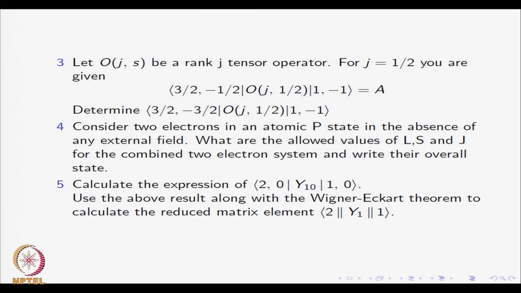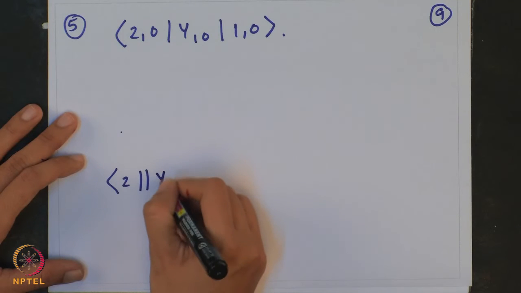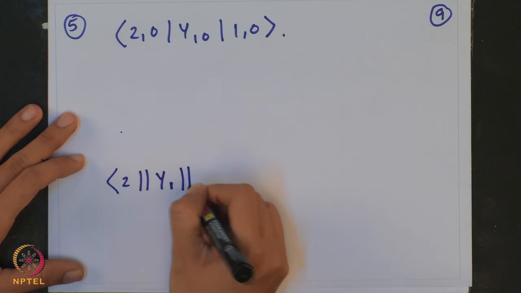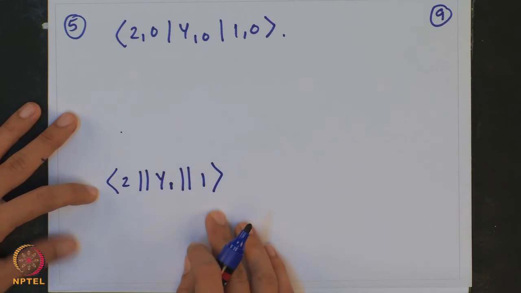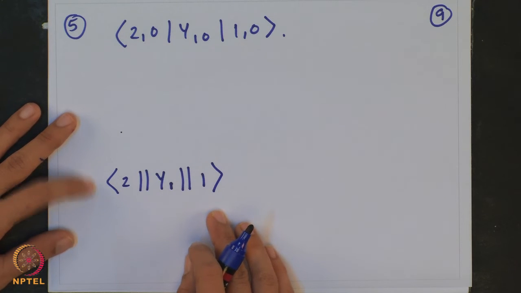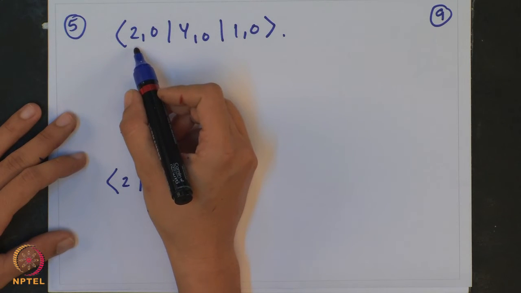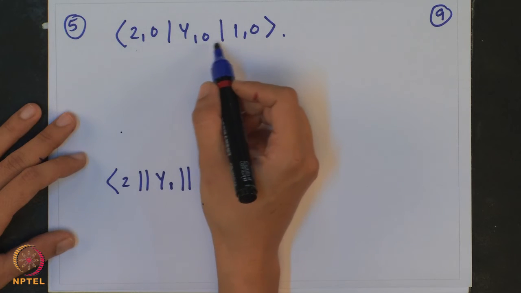So, you use Wigner-Eckart theorem to calculate the reduced matrix element. Okay. So, the reduced matrix element is written as <2 || y || 1>. This is another way of representing the matrix element, reduced matrix element. So, here you have <2 0| y 1 0 |1 0>.